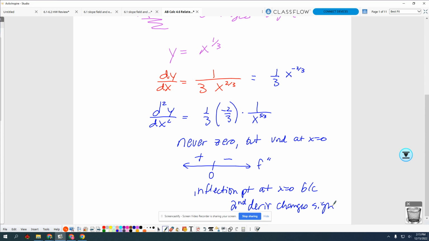Those are the details and careful things you gotta do. We also have to write that it's because it's undefined. It is also undefined at x equals 0, and it's good practice to say that the double derivative is undefined, but really, it can't change sign without being 0 or undefined in there.